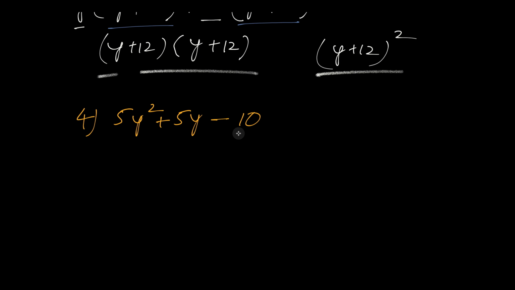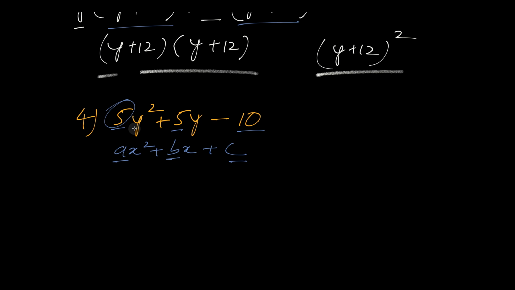So far we have seen algebraic equations in the form of ax square plus bx plus c. Now what is a here? It is 5, b is 5 and the constant is 10. But the difference you can see is, so far we have seen the power of 2 with no coefficient, but here it has the coefficient 5.